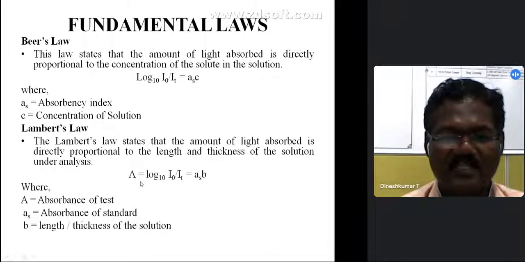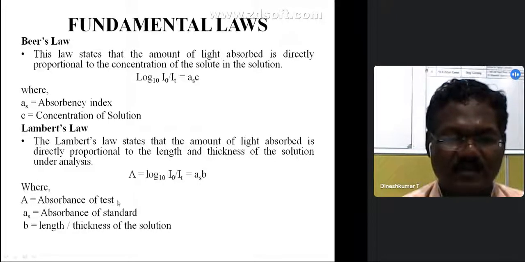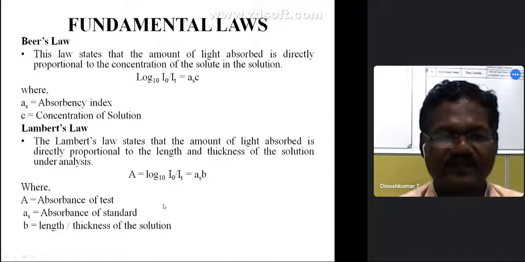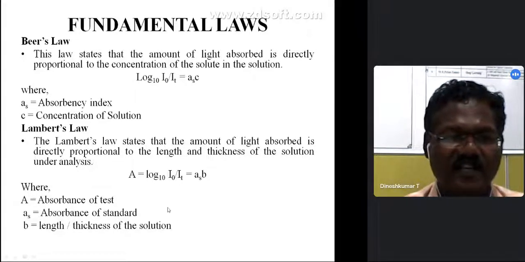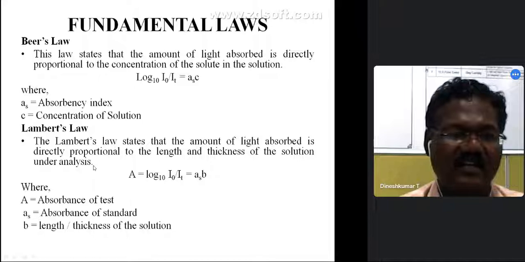So the formula is A equal to log10 I naught by IT equal to AS into B. A is the absorbance of test, AS means absorbance of standard, and B is the length or thickness of the solution. This is the difference between the two laws, Beer's law and Lambert's law.